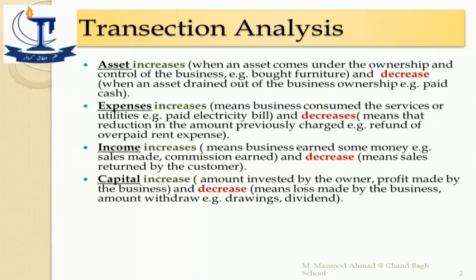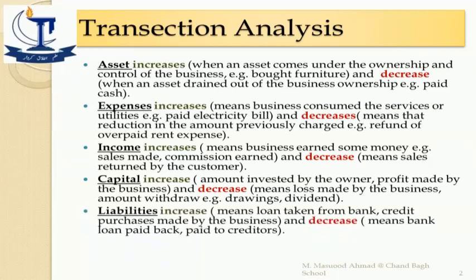Next, liabilities. Liabilities increase when a loan is taken from a bank or credit purchases are made by the business. If you have taken a loan from a bank, the loan is your liability, and you have to pay back in future.